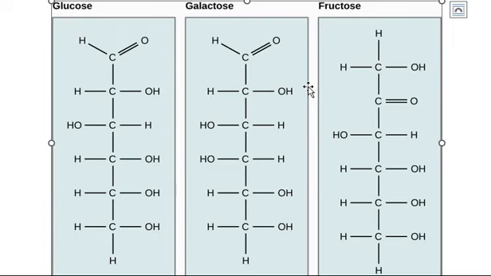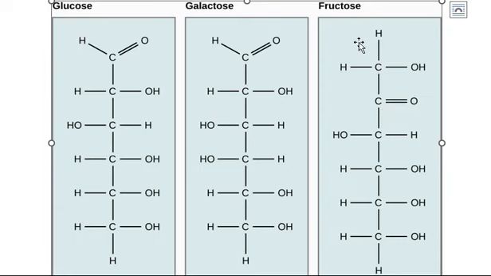But in galactose, after HOH, in the fourth carbon, we have HOH. And then in fructose, we also have 6 carbons, as you can see here, where the cursor is showing, but the double bond is on the second carbon.